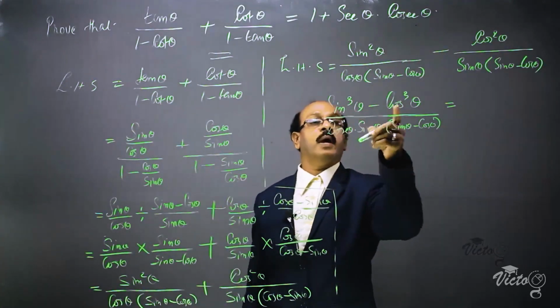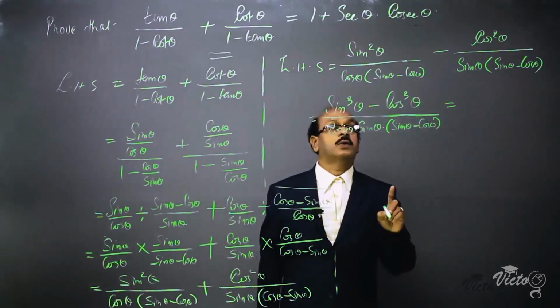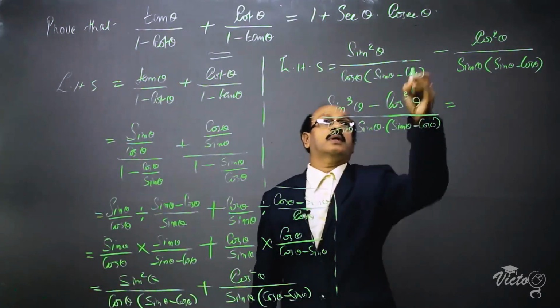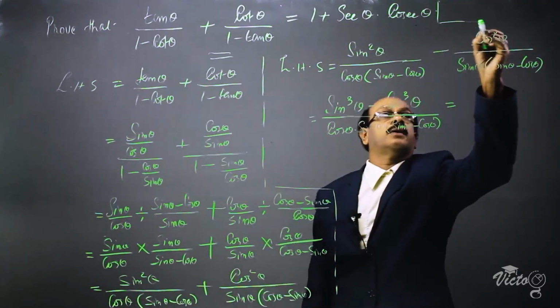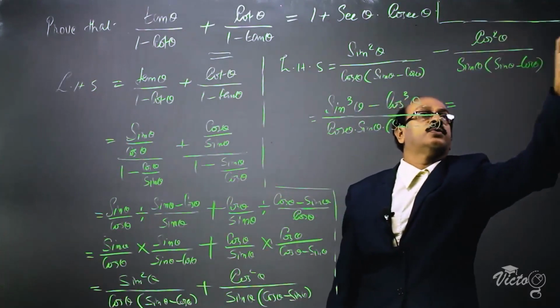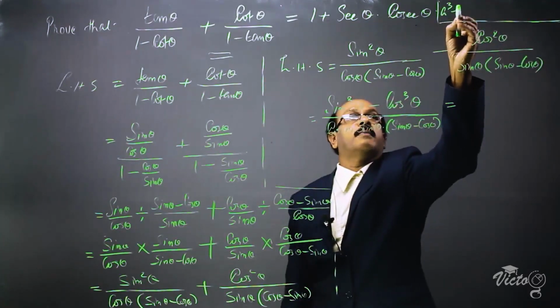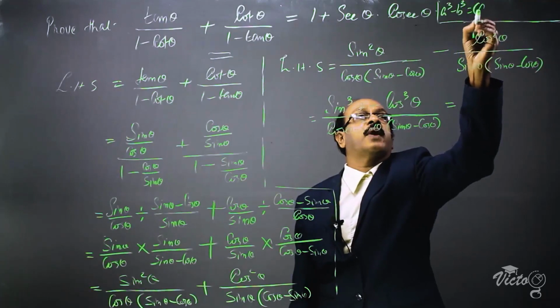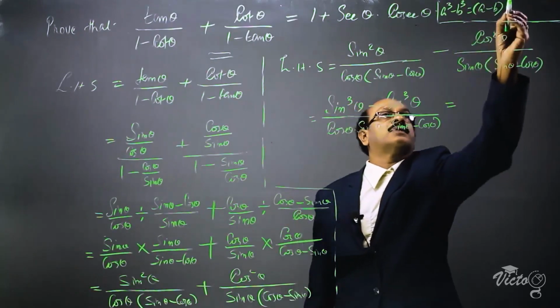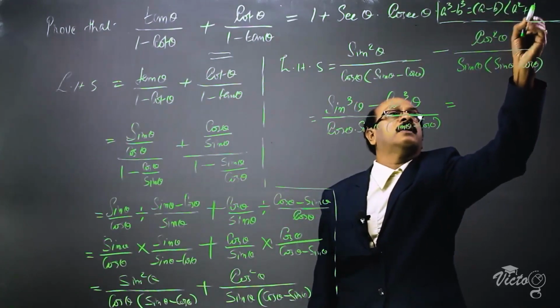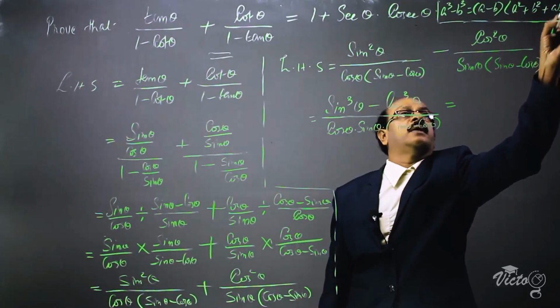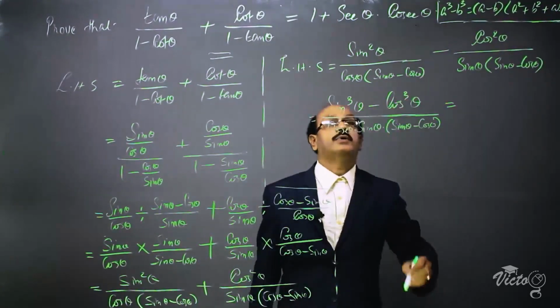Here it is of the form a cube minus b cube, which is equal to (a minus b) into (a square plus b square plus ab).